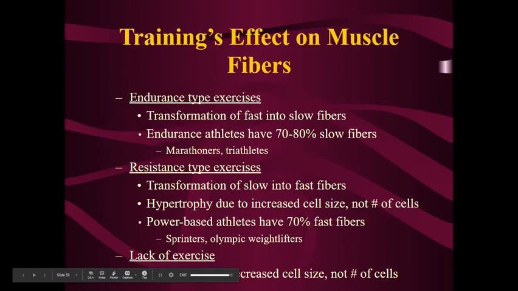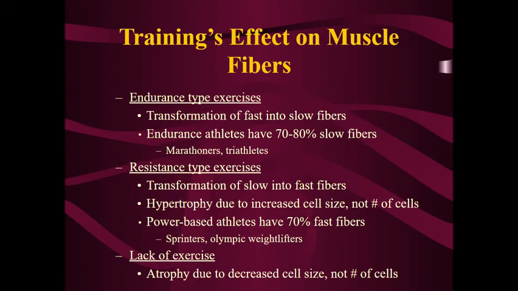So endurance type exercises will transform fast into slow fibers. Endurance athletes have anywhere between 70 to 80% slow fibers. Those would be your marathoners or your triathletes. So you definitely can bring about a change. Just keep in mind, though, that there is a genetic predisposition. So your body has like a range of what it is able to do that change for.